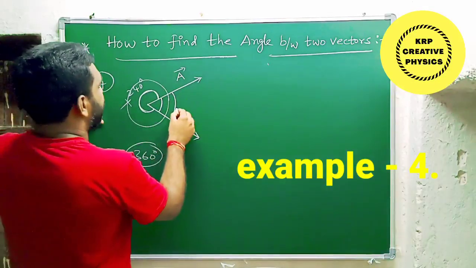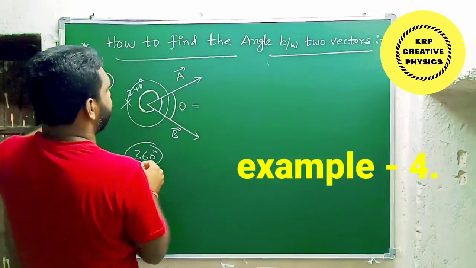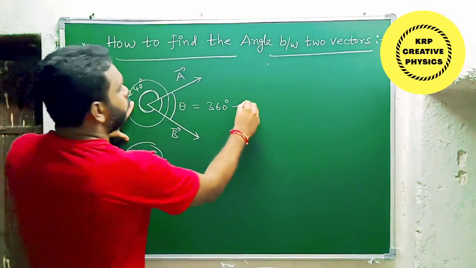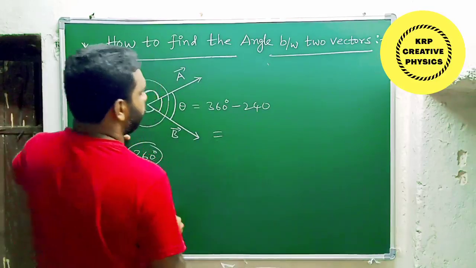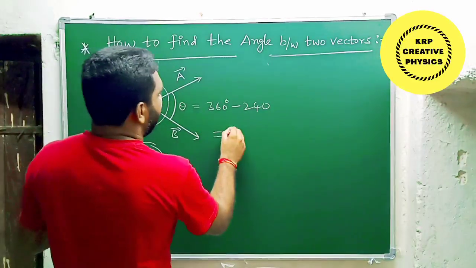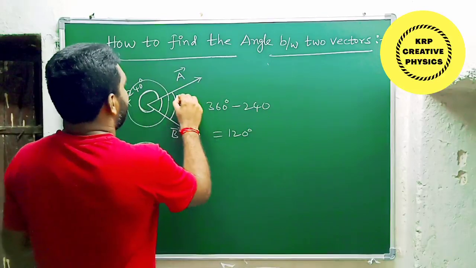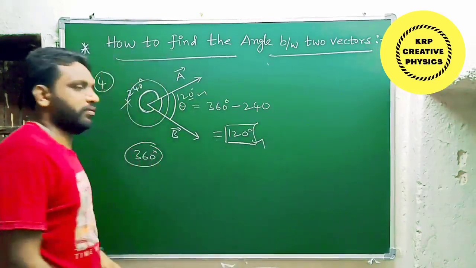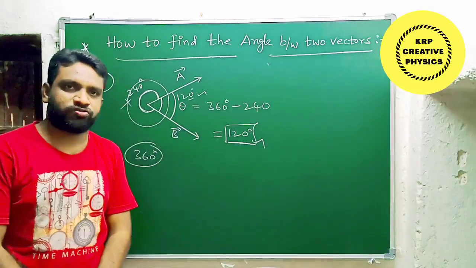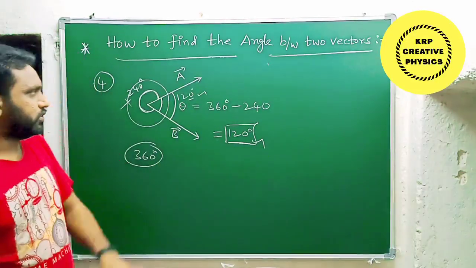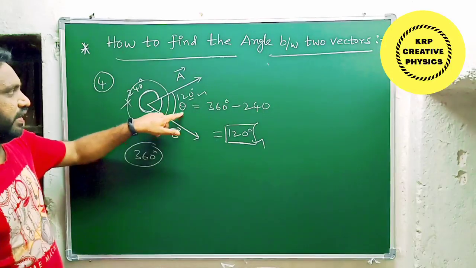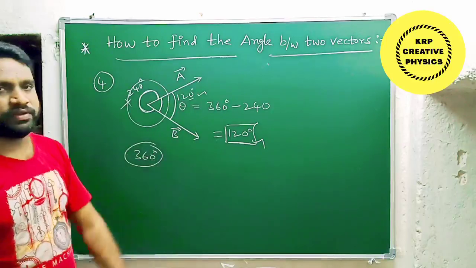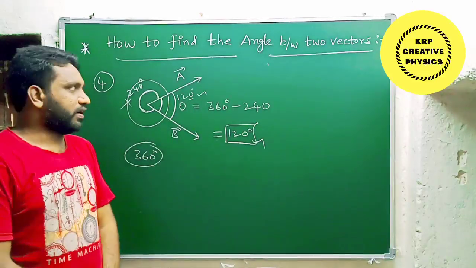The required angle theta equals 360 degrees minus the remaining angle, 240. 360 minus 240, how much do we get? 120 degrees. 120 is the correct answer, because the angle between any two vectors should not exceed 180 degrees. So we need to consider the smallest angle. 240 degrees is not the correct answer. 120 degrees is the correct answer between vector A and vector B.